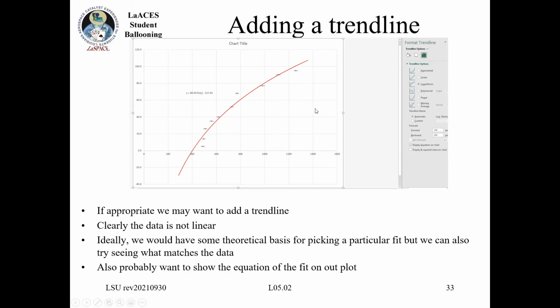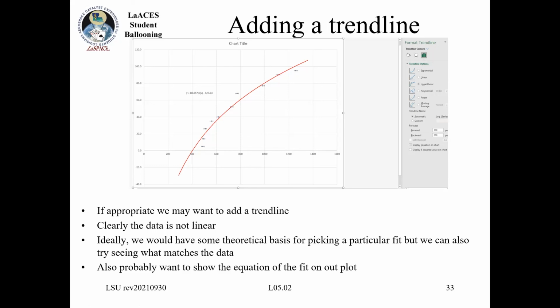I'm just trying to look and see which one of these matches the data. Ideally, though, you would have some expectation, by looking at the data sheets and what that RTD is supposed to do. You should then have an idea of what the data should actually look like.